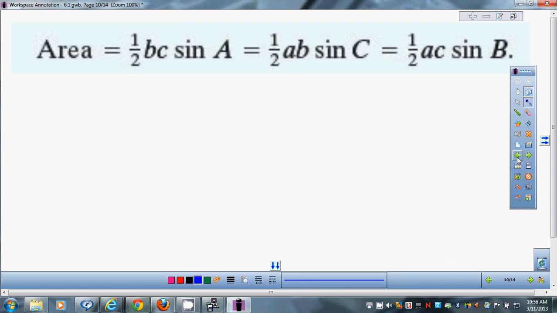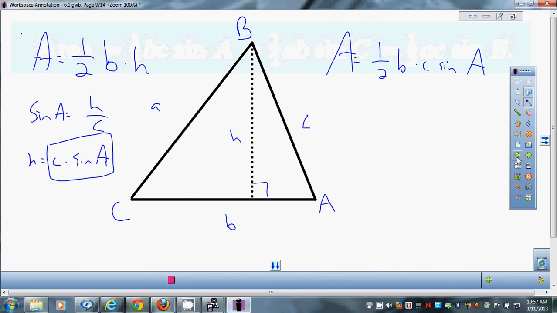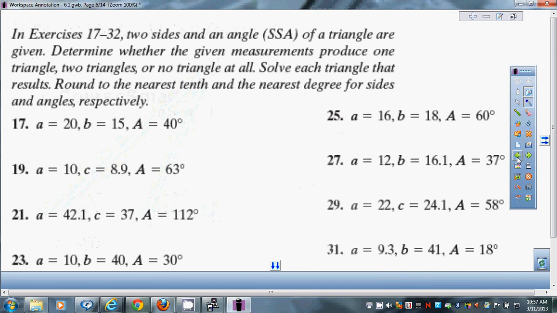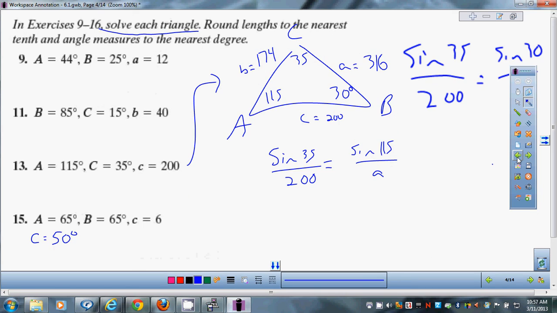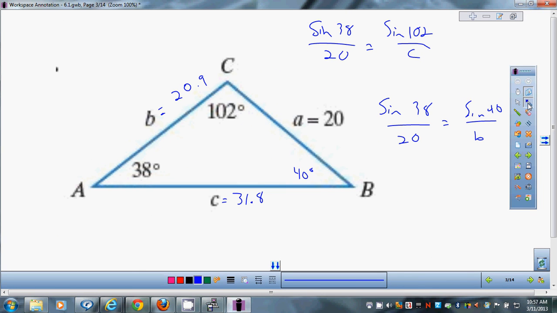All right. Let's look at one of them we did more neatly. This one. Now, pick any 2 sides you want to use in this formula. I heard B and A first. So, B and A, 20.9, 20. Which side did we not use?